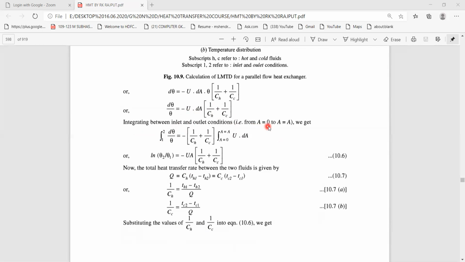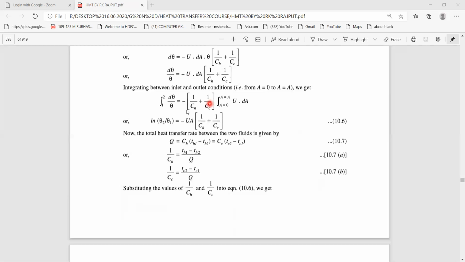At the inlet, the area is 0, and at the outlet, the area is A. If we consider the area of the complete heat exchanger as A, the inlet area is 0 and the outlet area is capital A. So, integration from 1 to 2 of d theta divided by theta equals minus of 1 by Ch plus 1 by Cc into the integration of U dA, where U is also constant, so we can do the integration of 1 into dA.